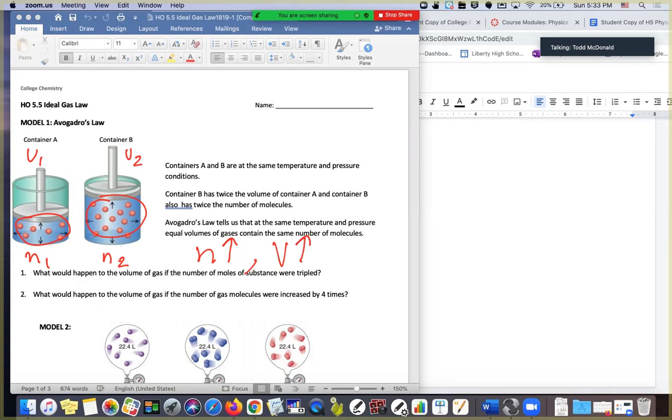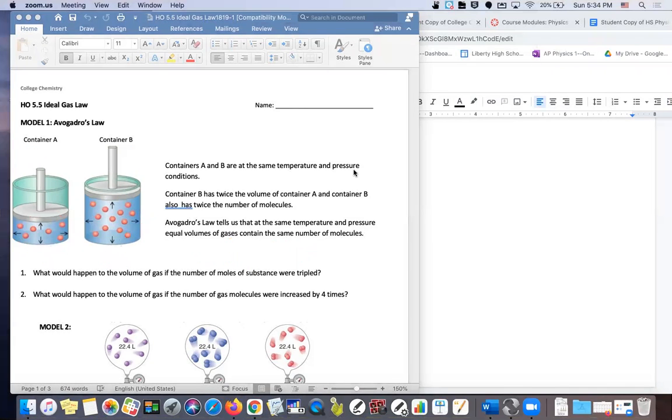That makes sense. You put more air in a balloon, the balloon's going to blow up. You put more air in a tire, the tire is going to get bigger in terms of volume. So that's Avogadro's law: as the number of particles increases, your volume increases, okay?